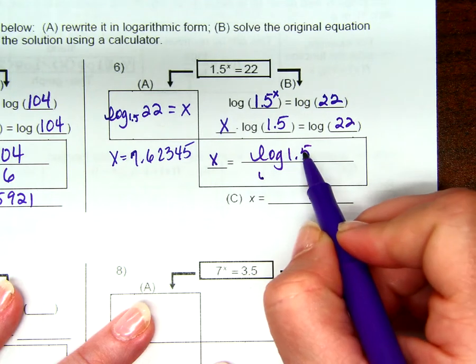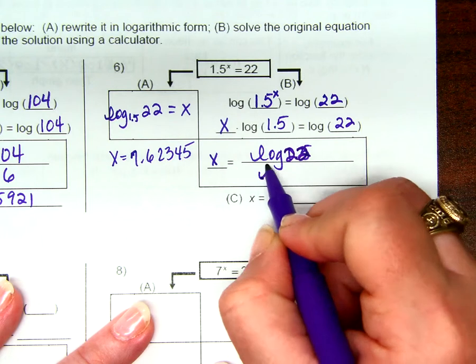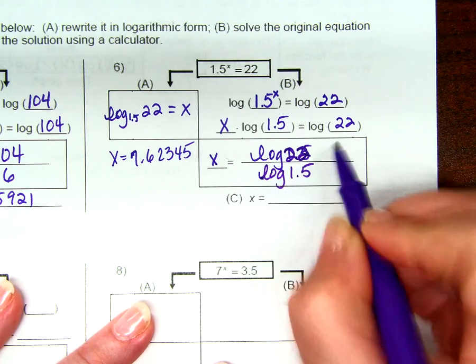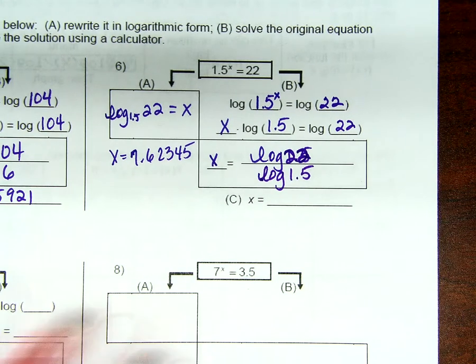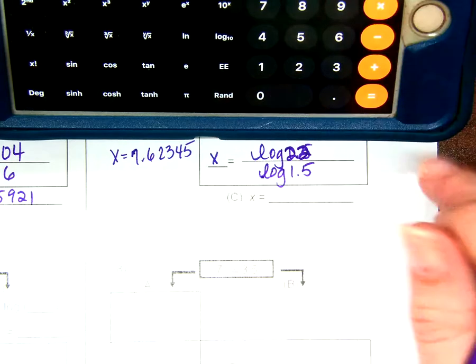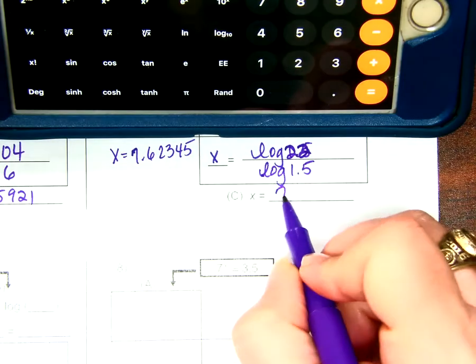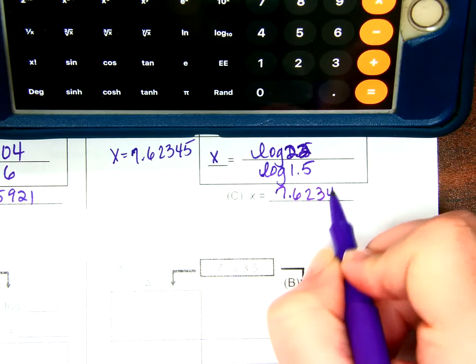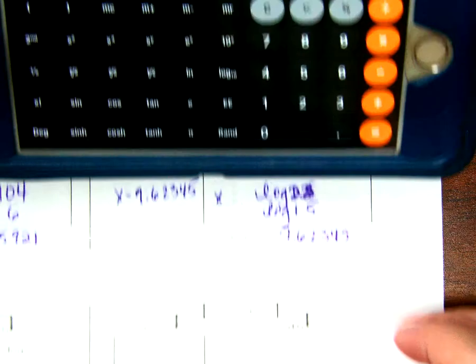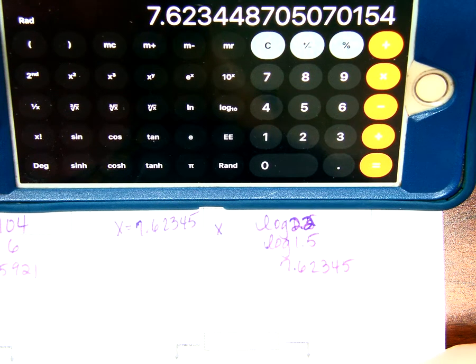Oops, can I fix it? Log of 22, that's what I'm dividing by. I was saying it but writing it wrong. Sorry about that. So if I do 22 log divided by 1.5 log, 7.62345. Oh, you can't see that. There. Cool?